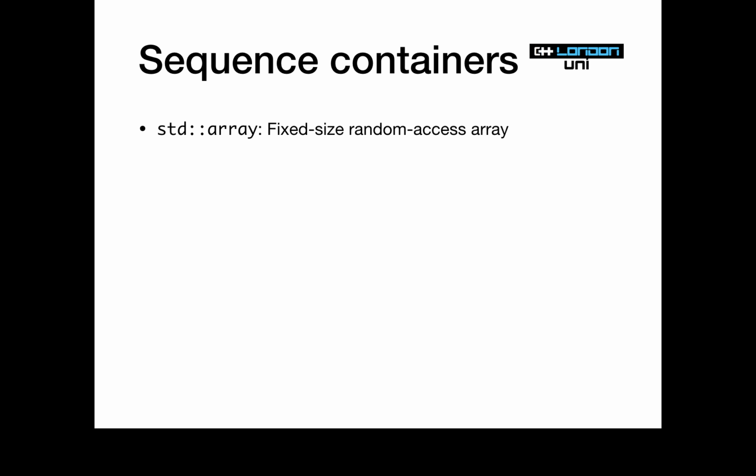Unlike a vector, which is a dynamically sized array where we can add things and remove things, we can change the size, an array just has a fixed size. That size is fixed when you create the array. You can never add anything to it, you can never remove anything from it. You can modify the elements that are inside it, but you can't shrink it or grow it. A vector, on the other hand, you can shrink it, you can grow it. You can add lots of things to it and then delete them again. All those nice things.